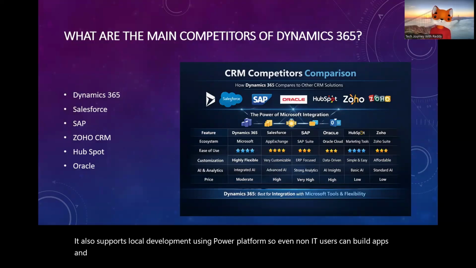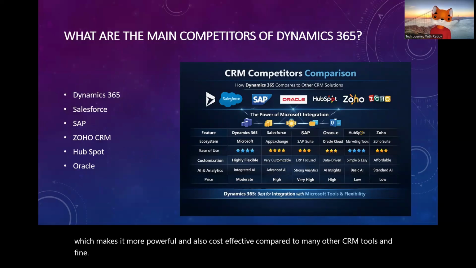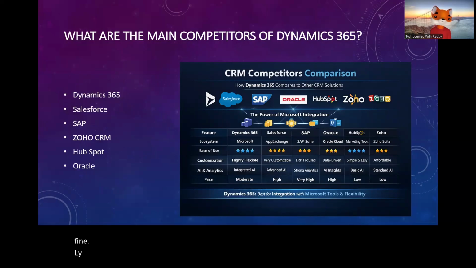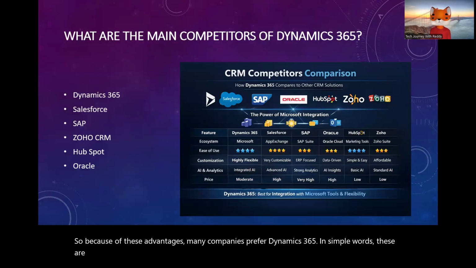Another advantage is that it combines both CRM and ERP in one system, which makes it more powerful and also cost effective compared to many other CRM tools. And finally, it is easy to use and scalable for small and large businesses. Because of these advantages, many companies prefer Dynamics 365. In simple words, these are the competitors and why Dynamics 365 stands out.